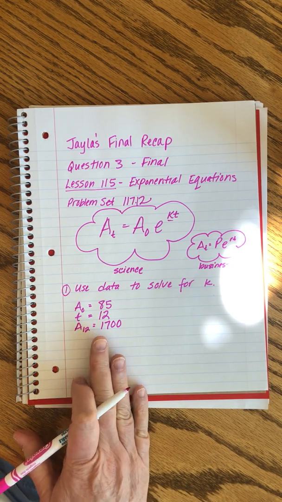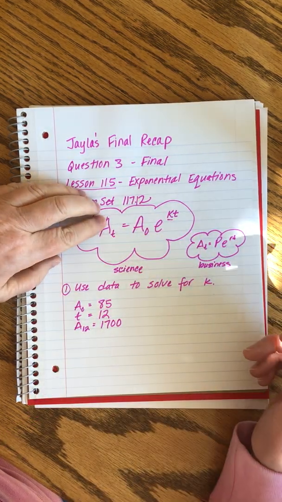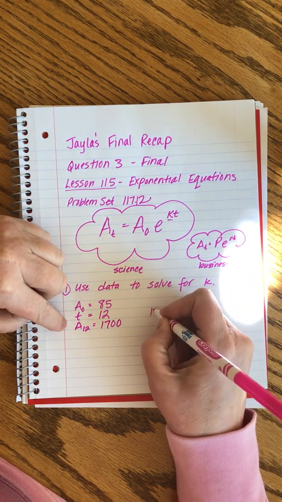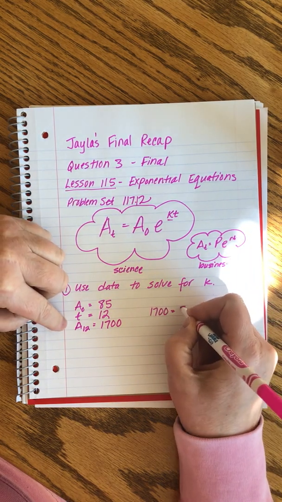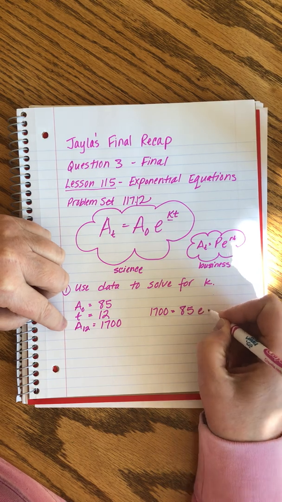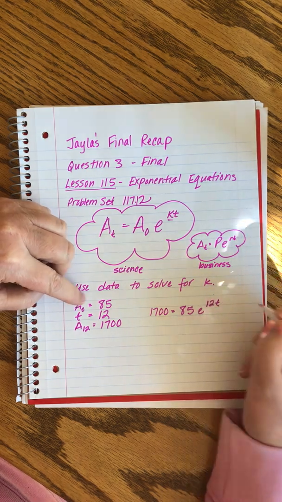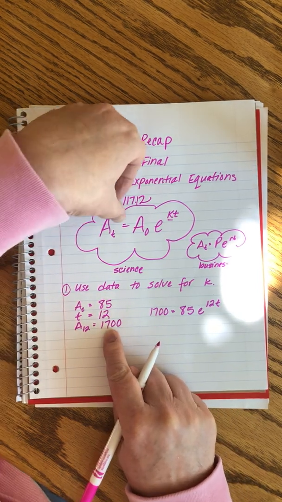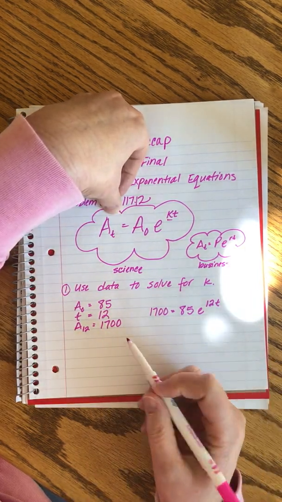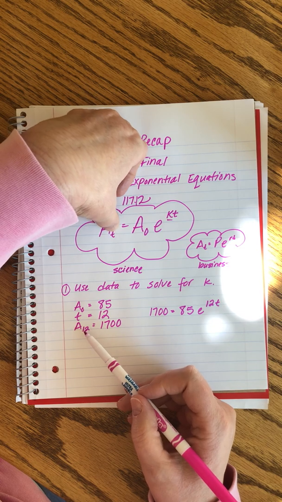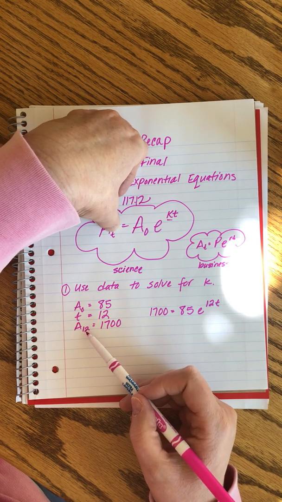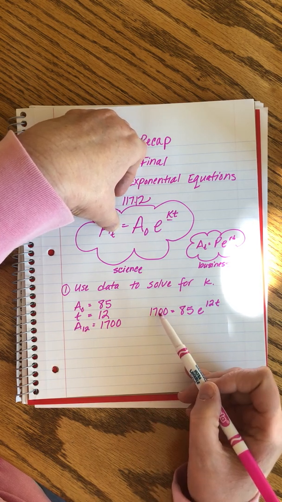So we can stop right here, and we use this formula to solve for k. I've taken this information and substituted it into this equation. The amount at the end of the time that we're talking about, which is 12, is 1,700.